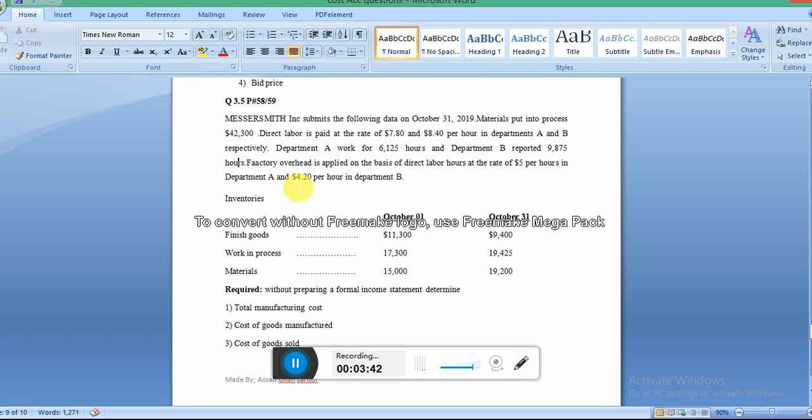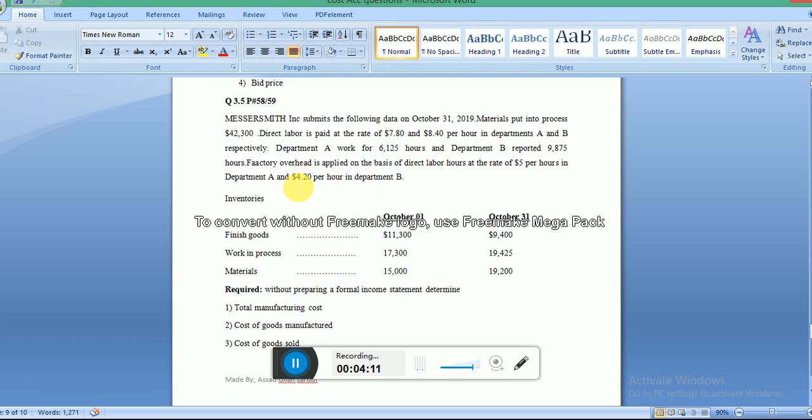Inventories on October 1st and on October 31st. Finished goods inventory on October 1st is 11,300, and on October 31st, 9,400. Work in process on October 1st is 17,300, and on October 31st, 19,425.